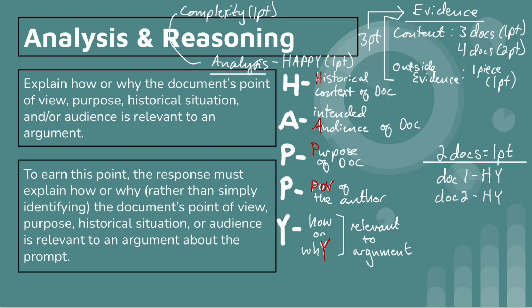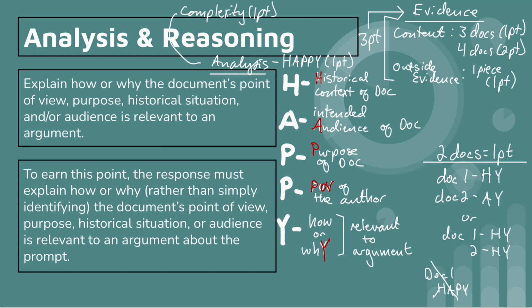I could also do H for all of them. I could do a different one for each of them. Okay, but as long as I do at least 2 documents with the HAPPY, right, then I'm good. What if I do document 1 and I give historical context and audience and purpose and why?